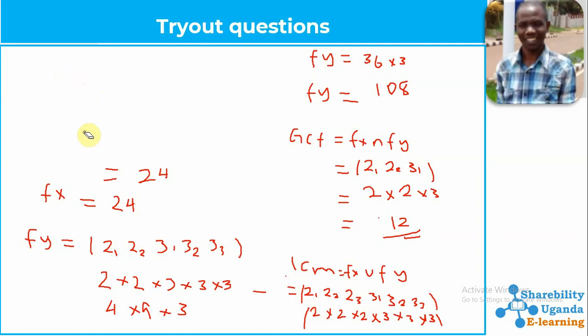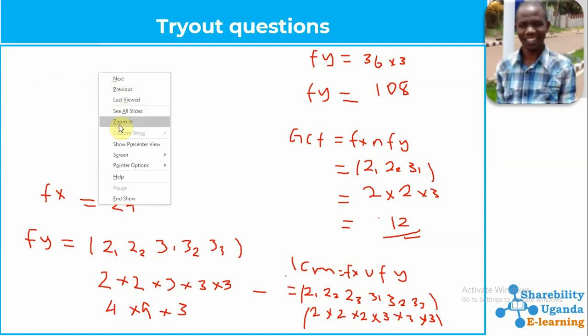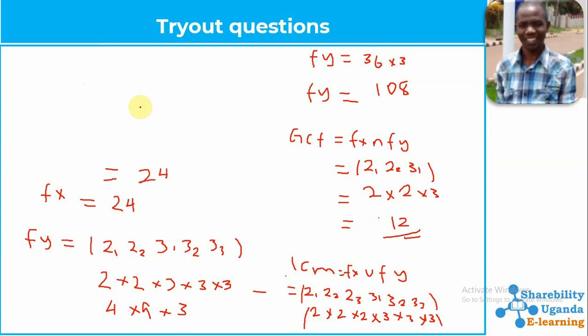Okay, so now we can put our answer here. We are saying we are going to have our 2 times 2 times 2, which is going to be equal to 4 times 6 times 9. So you can try out this number.